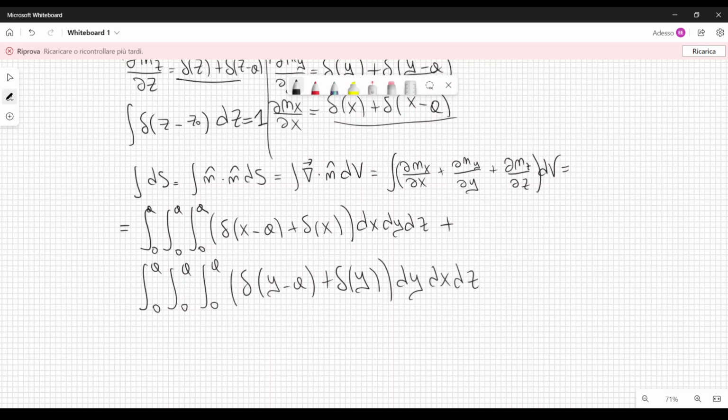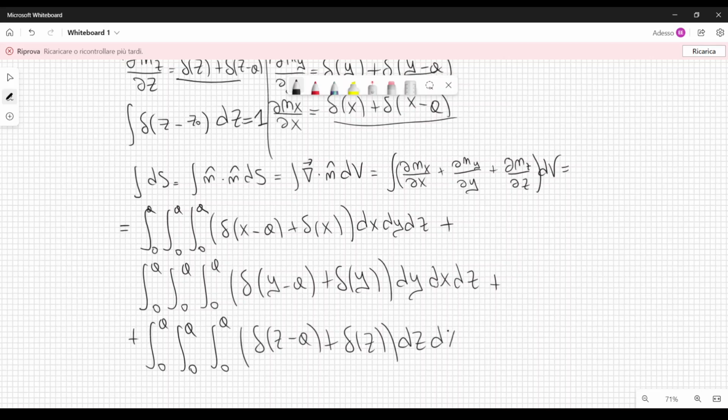So in this case I integrate over y first, plus you get the idea, integral from 0 to a, integral from 0 to a, integral from 0 to a of delta of z minus a plus delta of z. In this case I integrate over z first, dx dy. And now the integral of these two Dirac deltas will just give me 2, the integral over x here. The integral over y here will give me 2, and also this integral here will give me 2.